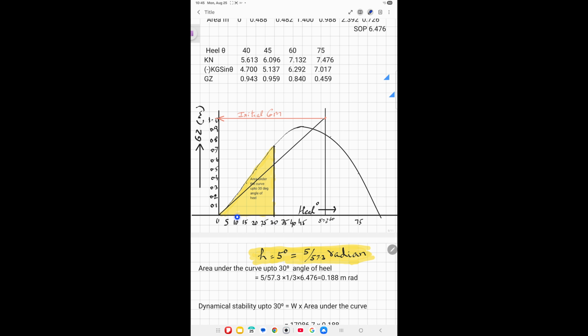So I can use Simpson's rule number 1. Ordinates are my GZ values, and the common interval between the ordinates is 5 degrees. But you will see that degrees cannot be used in calculation, it must be converted to radian.